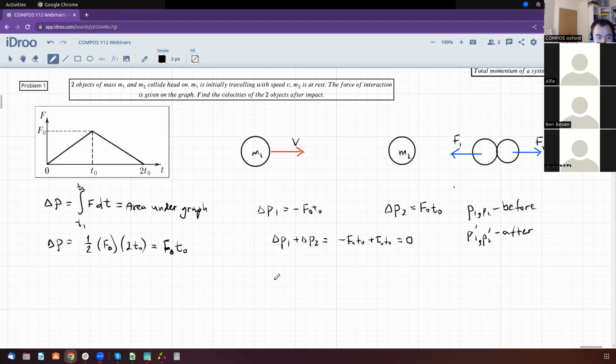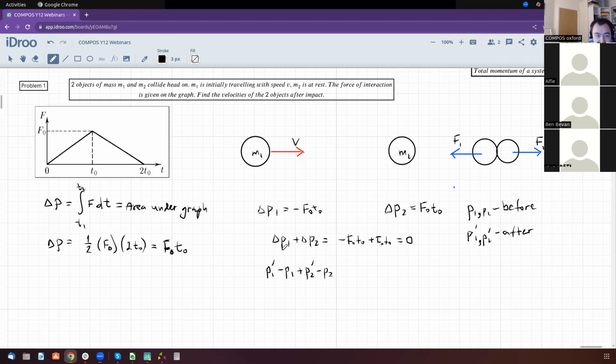So delta P1 is P1 prime minus P1. Prime means just a dash, P1 dash. P1 dash is after. It's not the derivative of momentum. The derivative of momentum would be the force. Plus P2 dash minus P2.